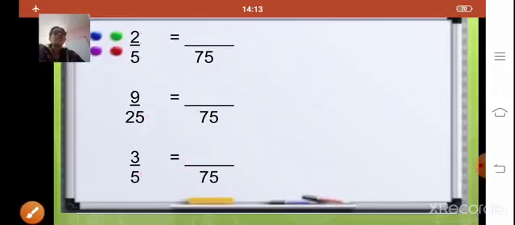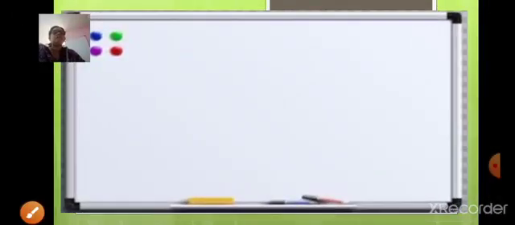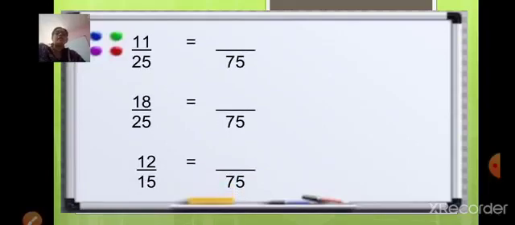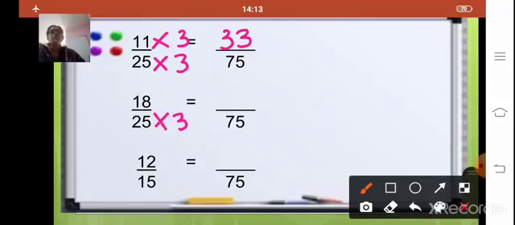Okay, now the next three fractions, 11 upon 25, 18 upon 25 and 12 upon 15. Now here 25 multiplied by 3 will give you 75. Numerator also you'll multiply by 3. So your numerator will be 33. Here also 25 multiplied by 3 is 75.